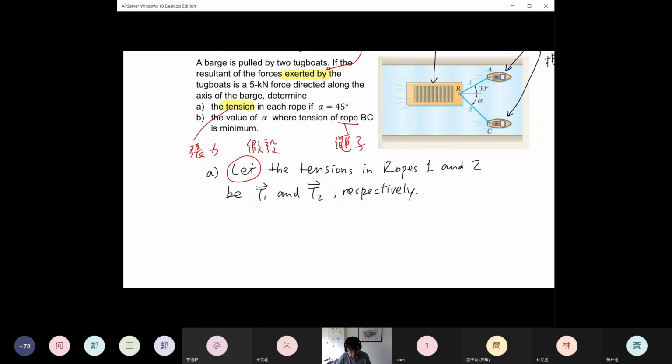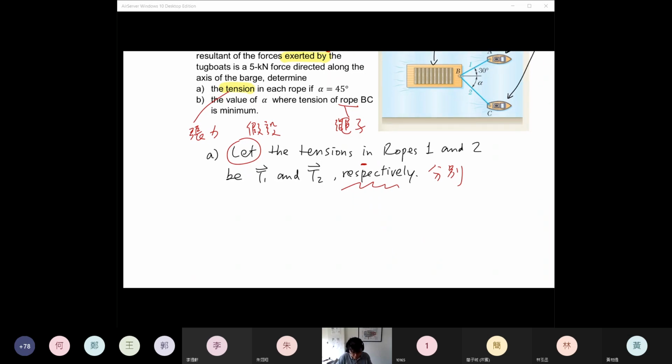And because this one refers to this thing, and this one refers to this one, in Chinese we would say this. In English, it is respectively. So the accent is here. The word is this one. Can you see clearly? Respectively.